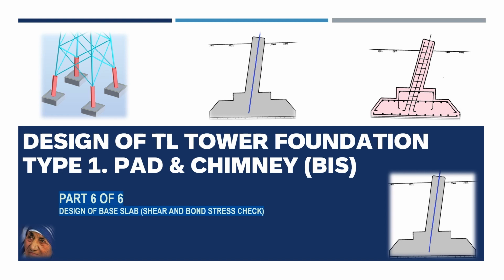We also saw the uplift resistance check in part 1 and part 2, followed by the check for bearing capacity for the entire type 1 foundation. In part 3 we saw how to do the sliding check and overturning check. In part 4 we saw the design of a chimney. In part 5 we designed the base slab reinforcement in both compression and uplift zone. So this is part 6.